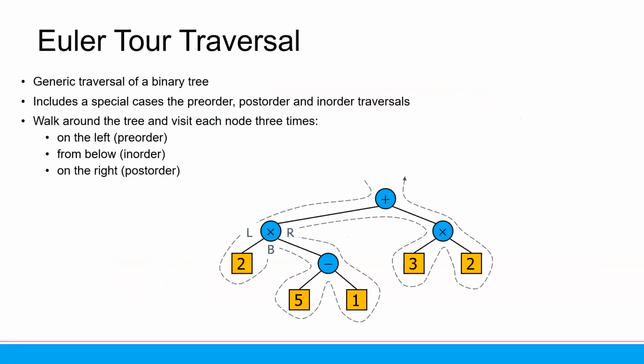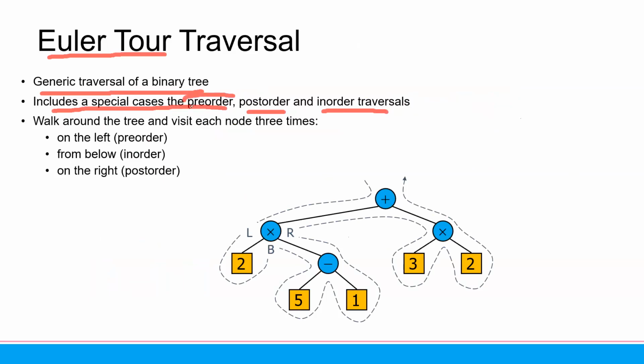There is another kind of problem that we can do with this proper binary tree. We call it the generic traversal of binary tree. We call it the Euler tour. So this Euler tour includes the special cases: the pre-order, post-order, and in-order traversal.